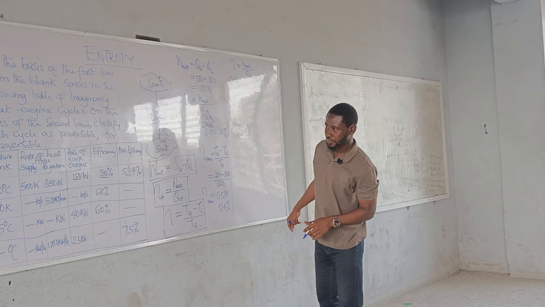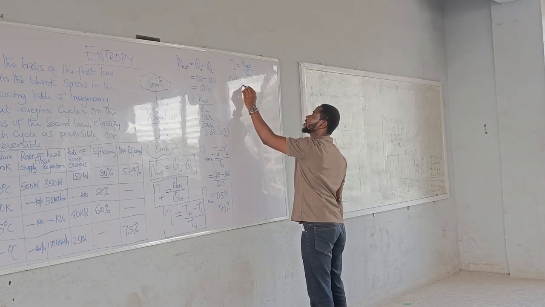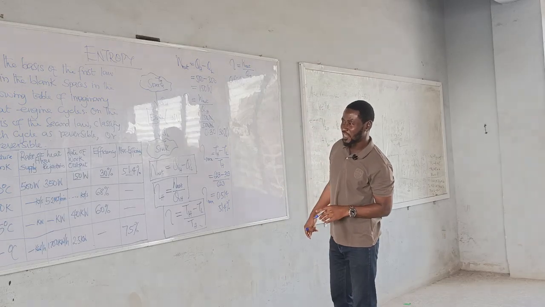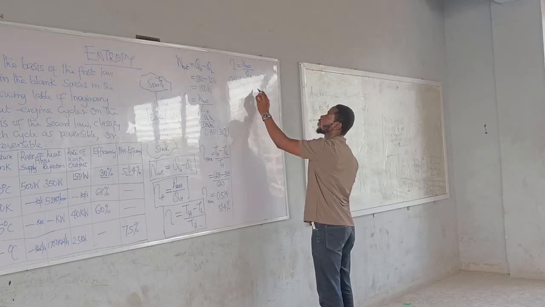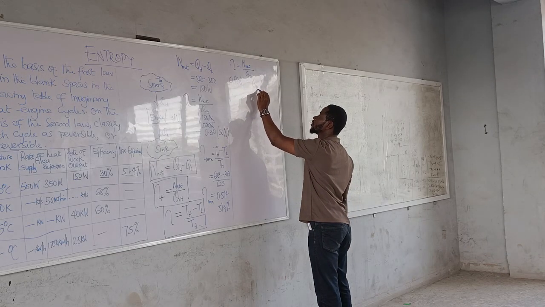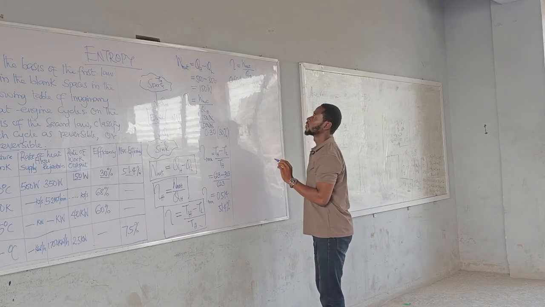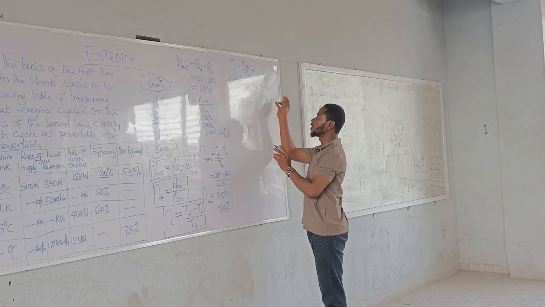QH is unknown. The rate of work is also unknown, and that one can come in as QH minus QL. So what are we going to do now? Take this one in.